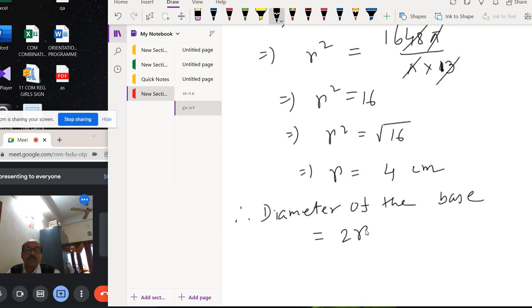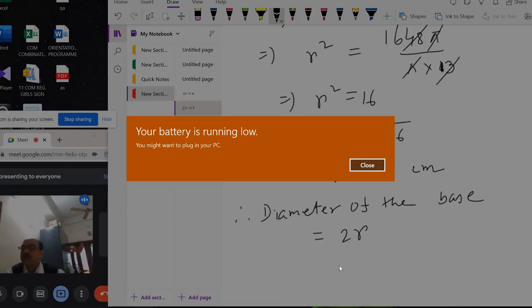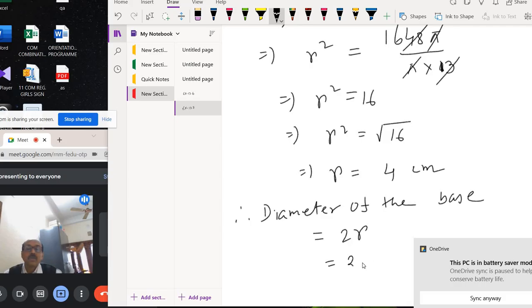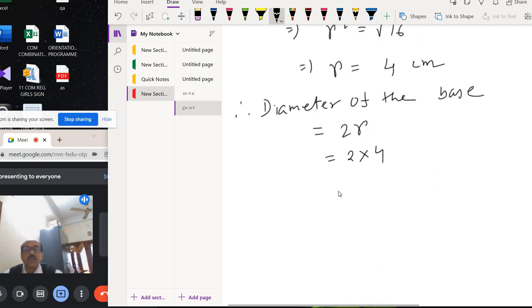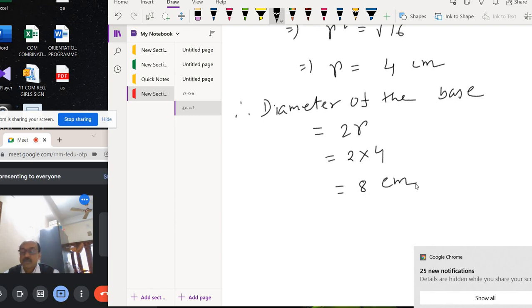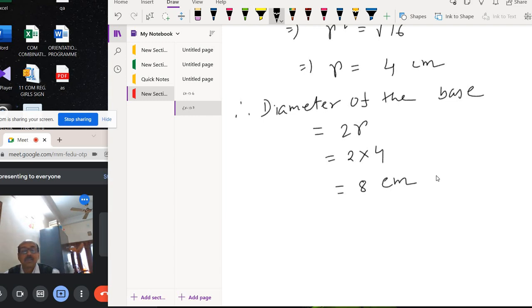We know r is the radius, diameter is 2r. So it is 2 into 4. Diameter is 2 into 4, so 8 centimeter. The question is find its diameter. So this is the answer, 8 centimeter.